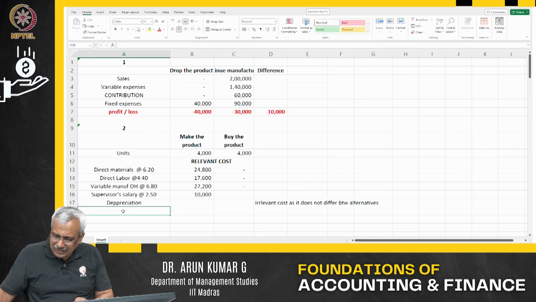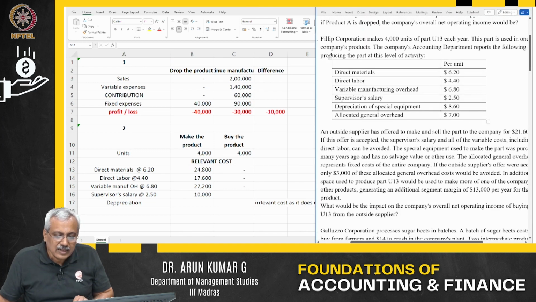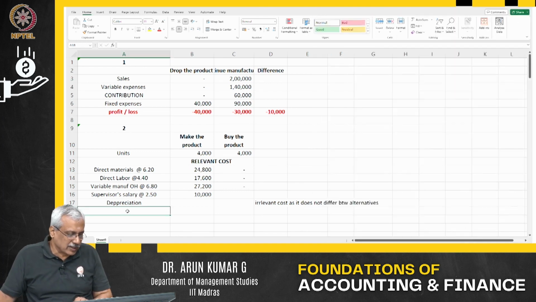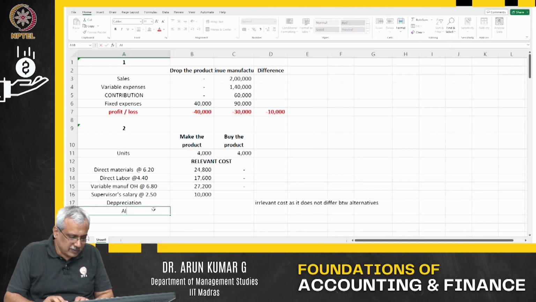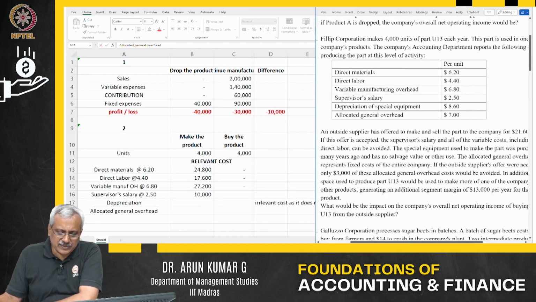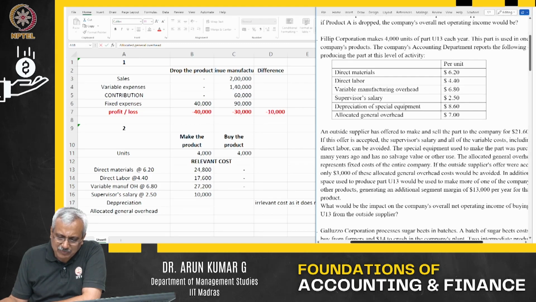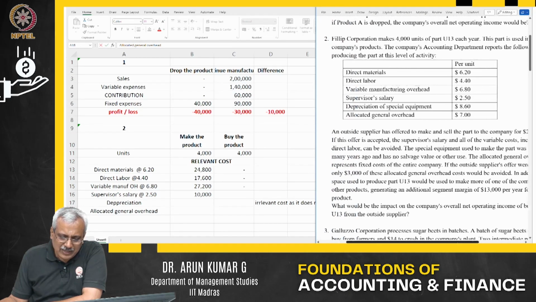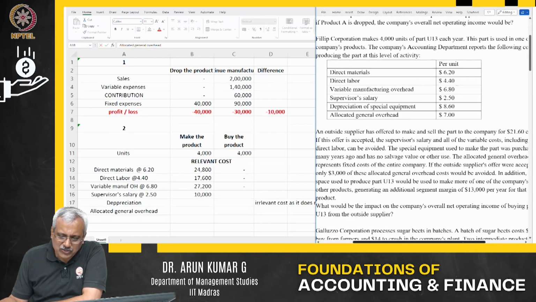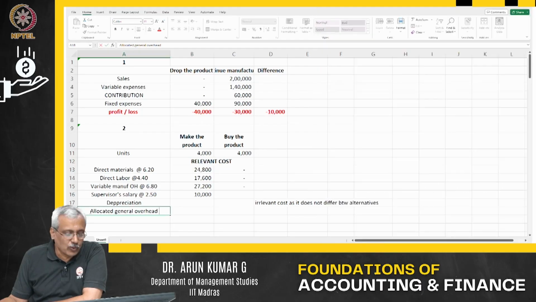Next, what is the next cost out there? I will have to go back here. Allocated general overhead out there. Now, what does the statement say? The statement says, if the outside supplier's offer is accepted, only 3,000 of the allocated general overheads could be avoided. So, what is happening?